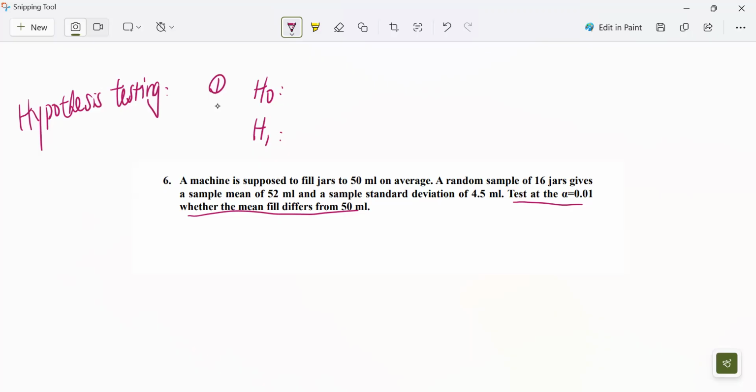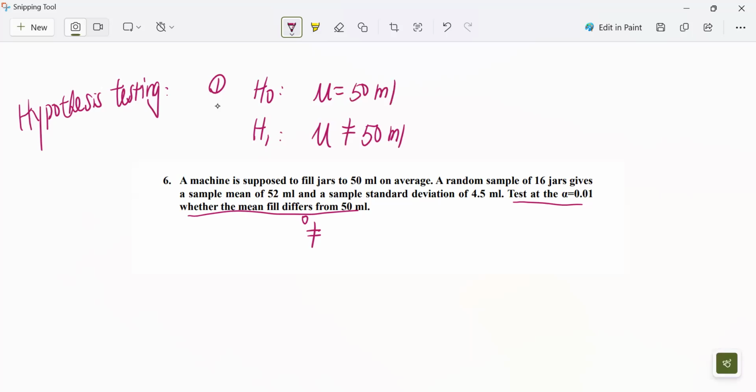Different means not equal to. Since there's no equal sign, this has to be the alternative hypothesis. So here the mean is not equal to 50 milliliter. So the null hypothesis will be the complement: the mean equals 50 milliliter.